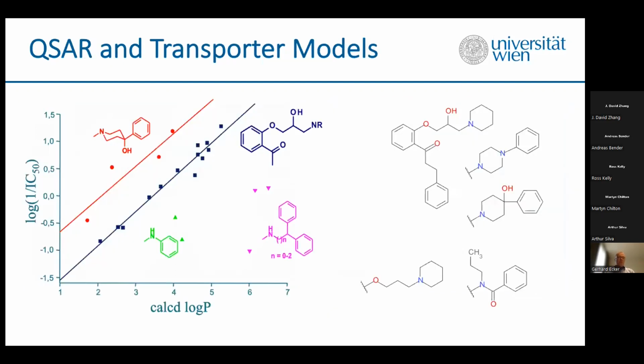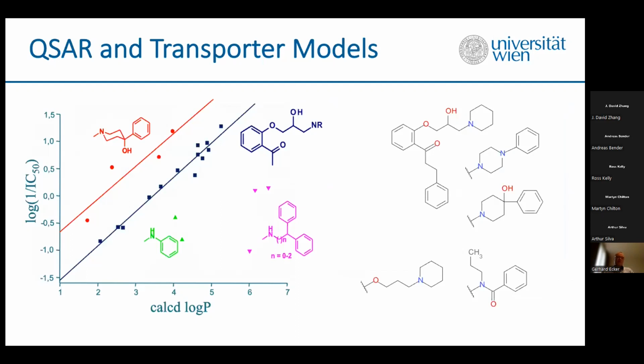So how we generally do that when we approach a new target is that we validate or extract our process based on ligand-based structure-activity relationships, QSAR models.